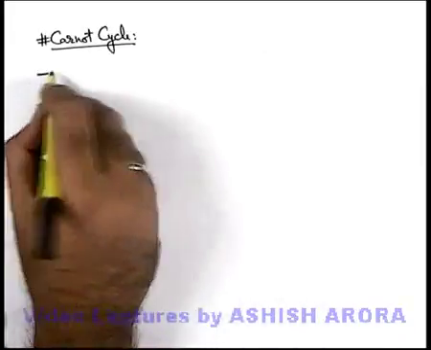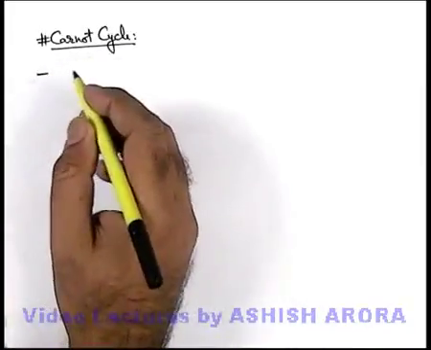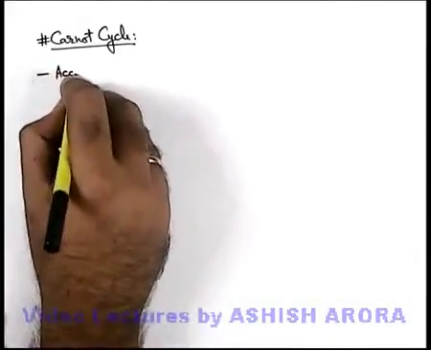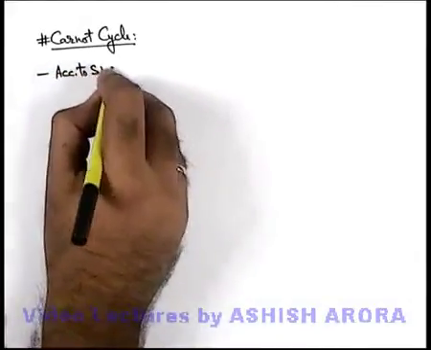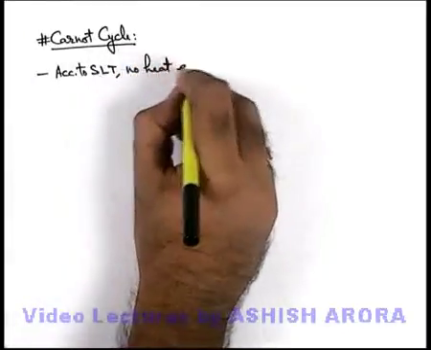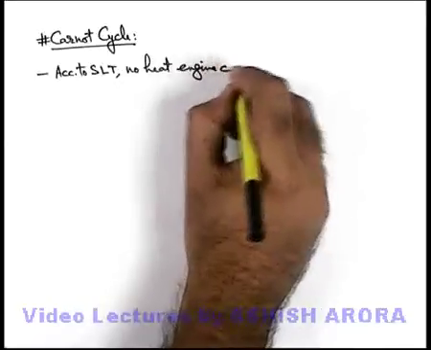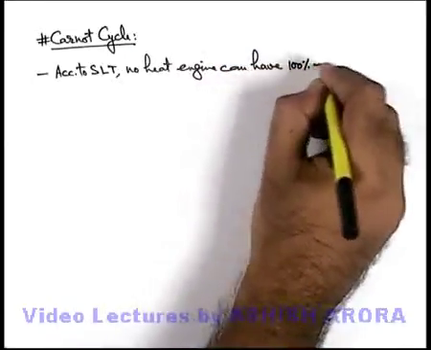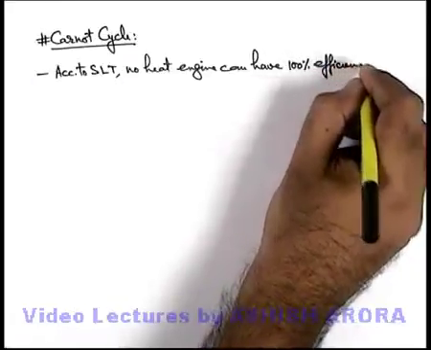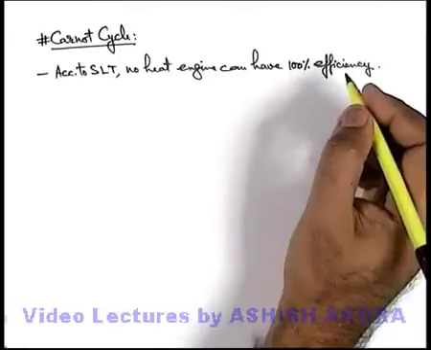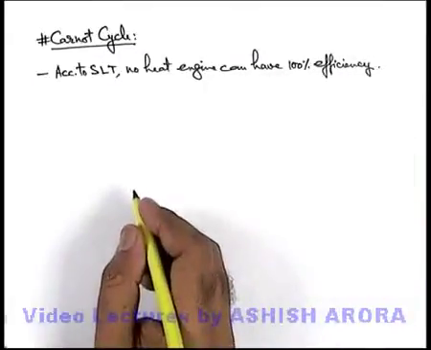The first point, which was the basis of its discovery, is that, as we already studied, according to the second law of thermodynamics, no heat engine can have 100% efficiency. This is because always some amount of heat is rejected by a cycle when it is completed.